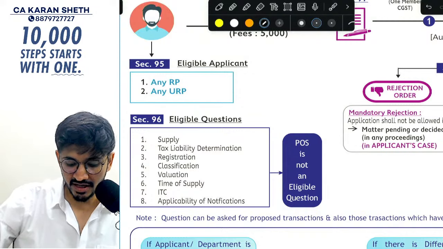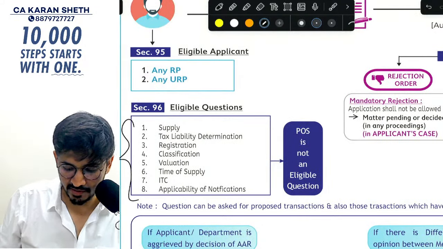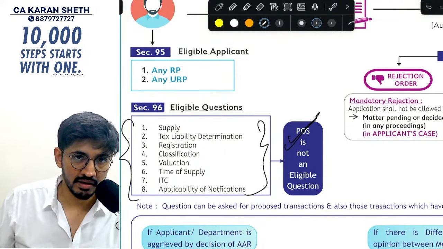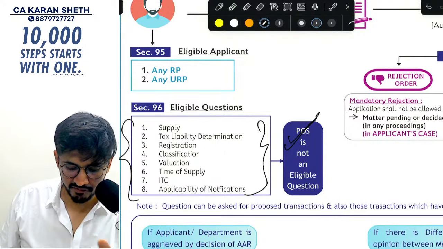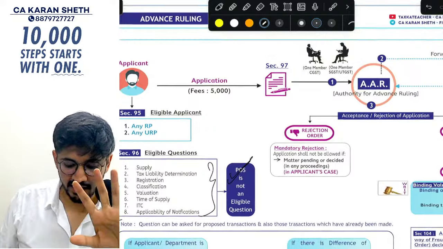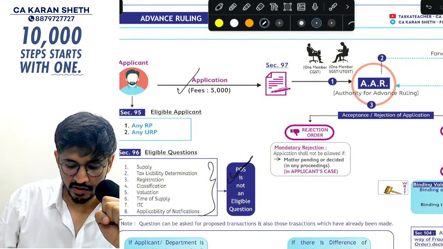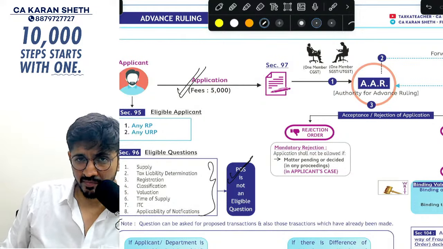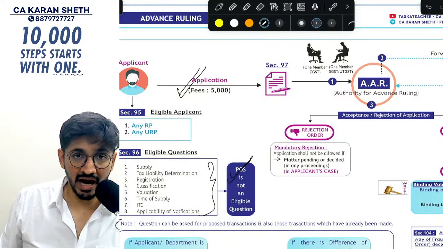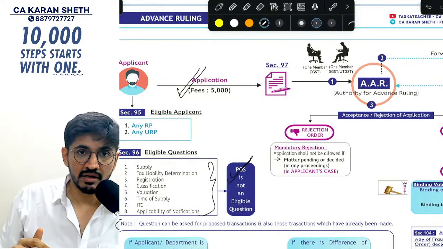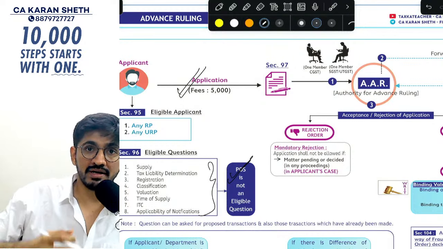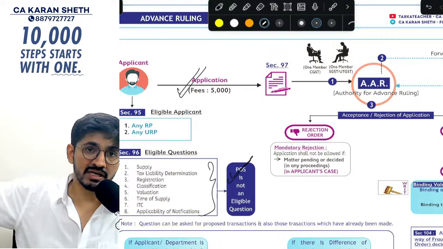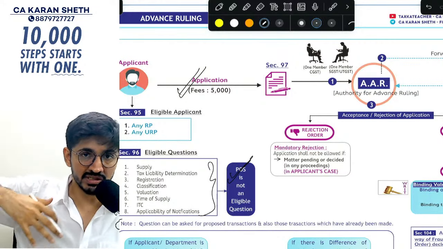So if I have an array of questions out here which are the eligible questions, except the question called what is the place of supply. So except place of supply, if I have any of these questions, I can file an application for advance rulings, wherein, in advance, before I start my business, I will be guided by this authority as to what sections are applicable to me, and I will actually get the right answers to my questions.